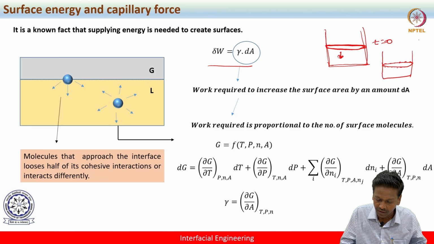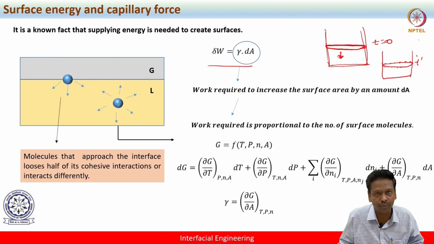There will be a small displacement at the surface because of the surface tension. Now this is at any t, right? So the thin wire would have moved in the z direction downward. A small displacement would have happened because the surface tension pulls the thin wire downward, right?